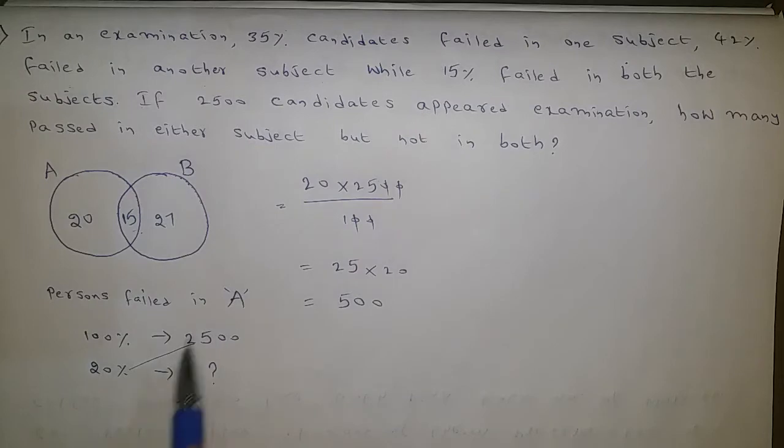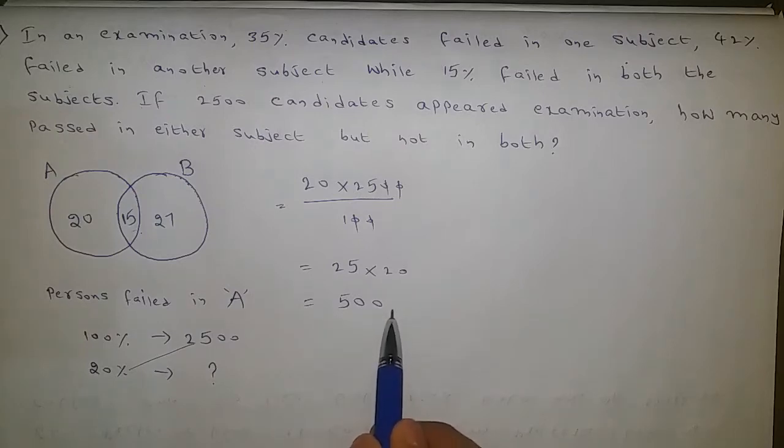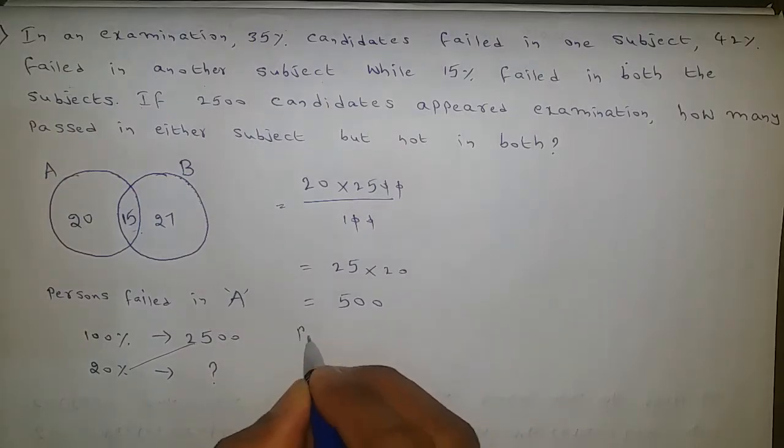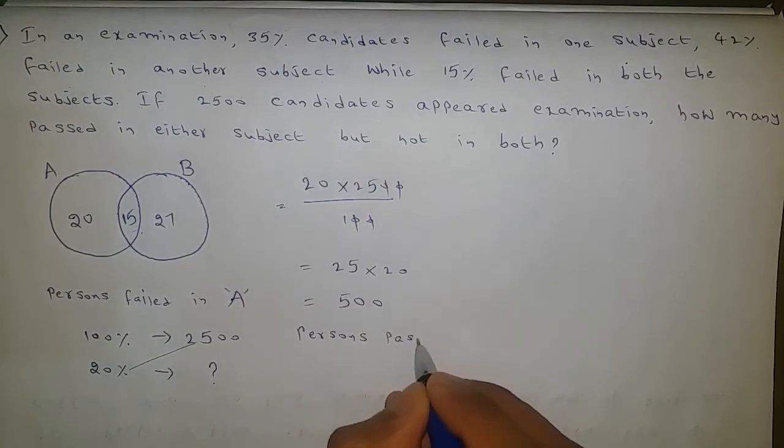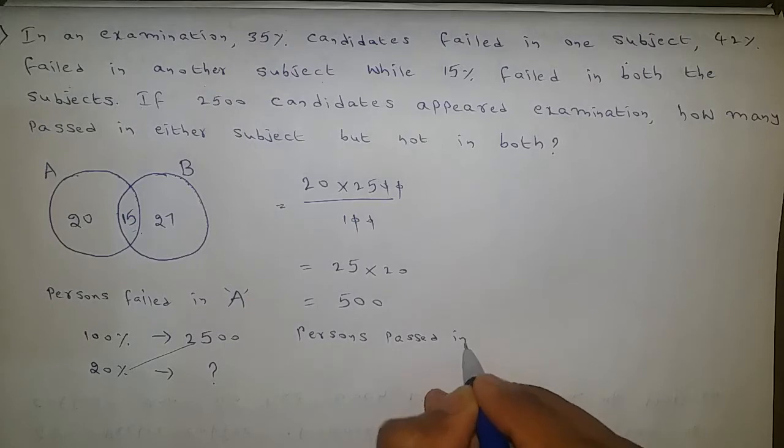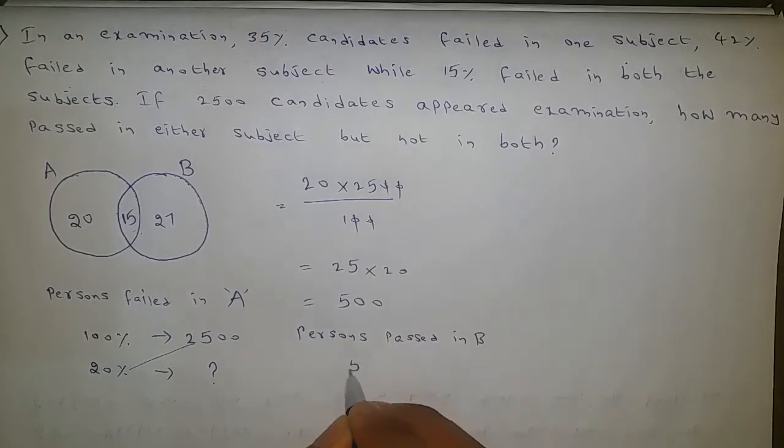It means these 500 persons passed in subject B. So persons who passed in subject B are 500.